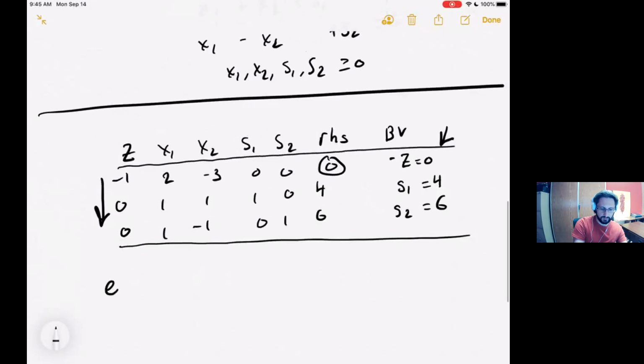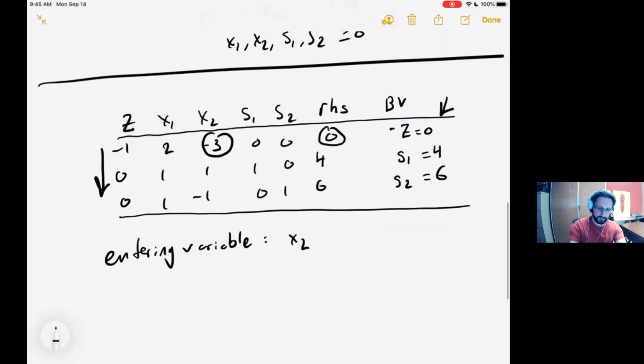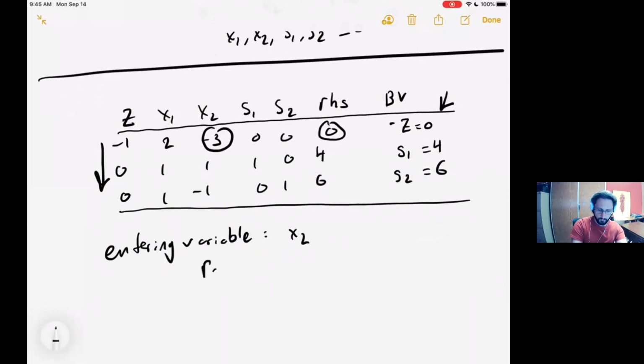You still choose the entering variable as the most negative coefficient in row 0. That's going to be associated to x2. And then you calculate the pivot row as usual. For row 1, you have a ratio of 4/1, which equals 4.